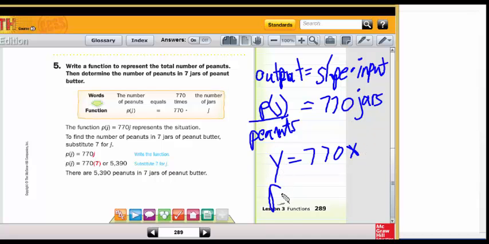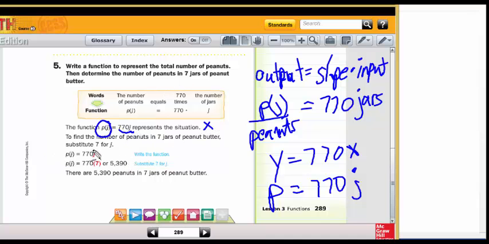In this case, it would be peanuts equals 770 times jars. So using P and J makes more sense here. So now if we go to the function form of doing this, instead of saying output in peanuts, we're going to say P of j equals 770 times J. That represents our situation here.